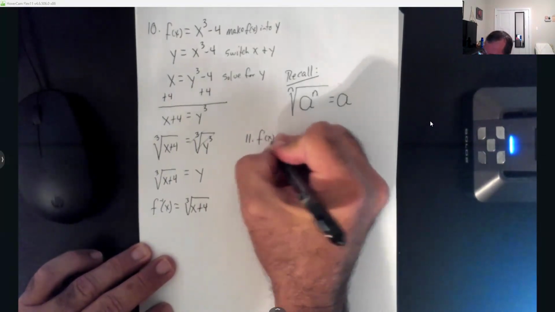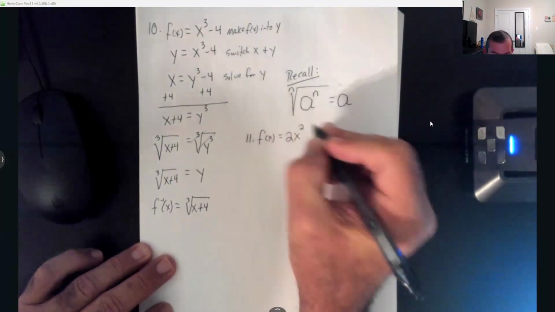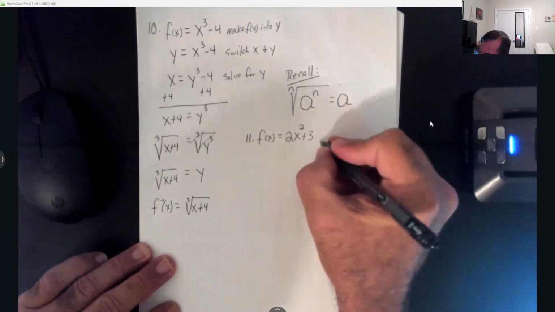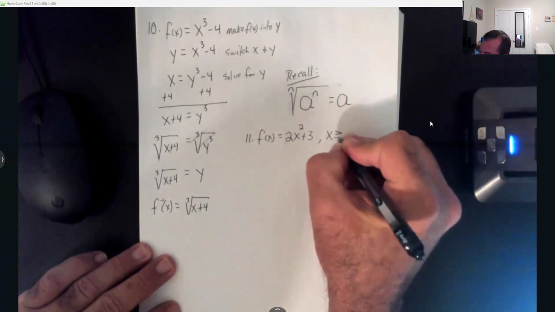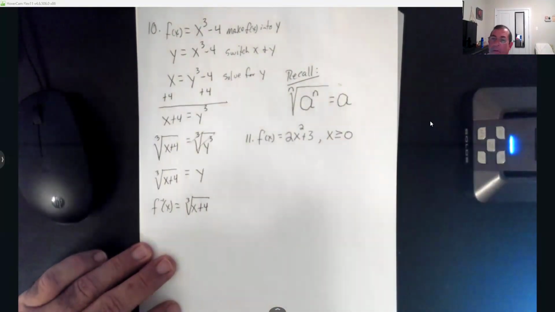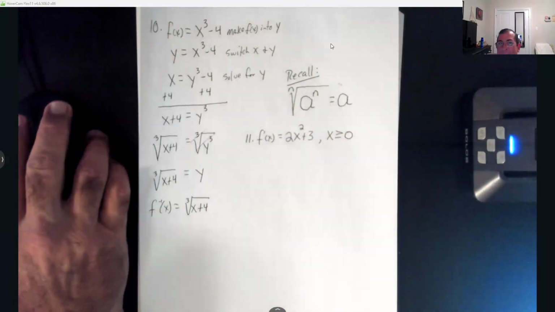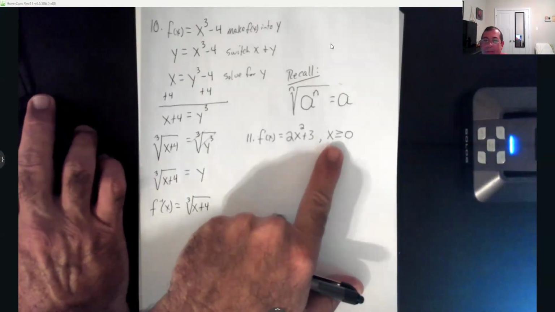All right, y'all, watch this. f(x) equals 2x squared plus 3. Now listen, this one says x has to be greater than or equal to 0. Now let me show you why they're saying that, okay? I'm just going to show you why they're restricting your domain when they do something like this.